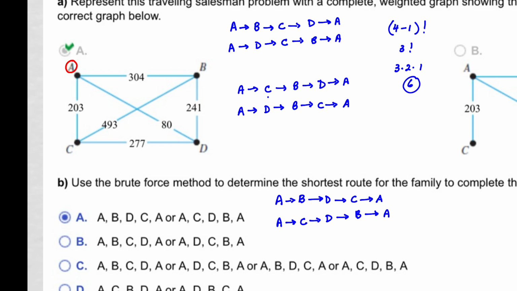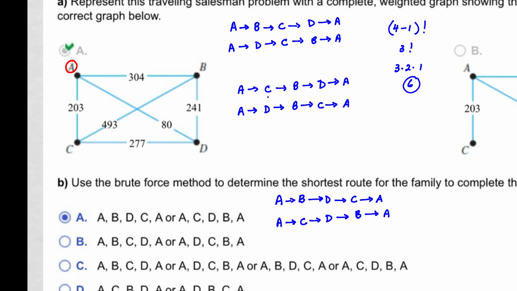And then finally, the last two go together. Here we have ACBDA, and this is the reverse of that one. So why do I want them paired up like this? Because then I only have to calculate the length of the route one time for each pair.